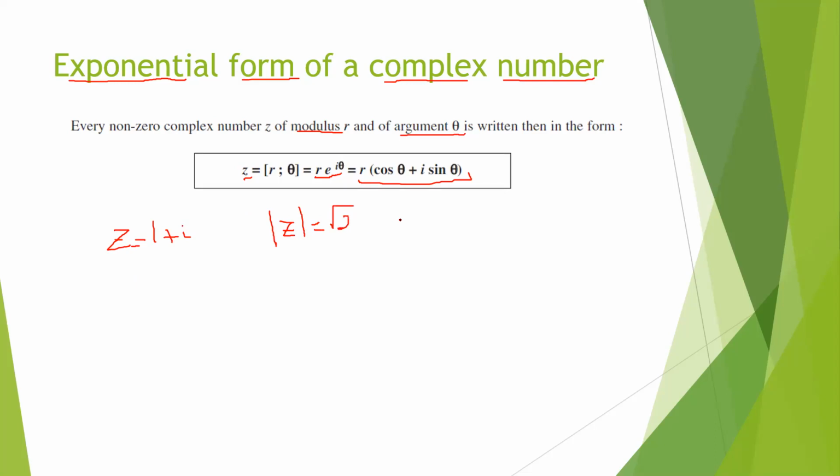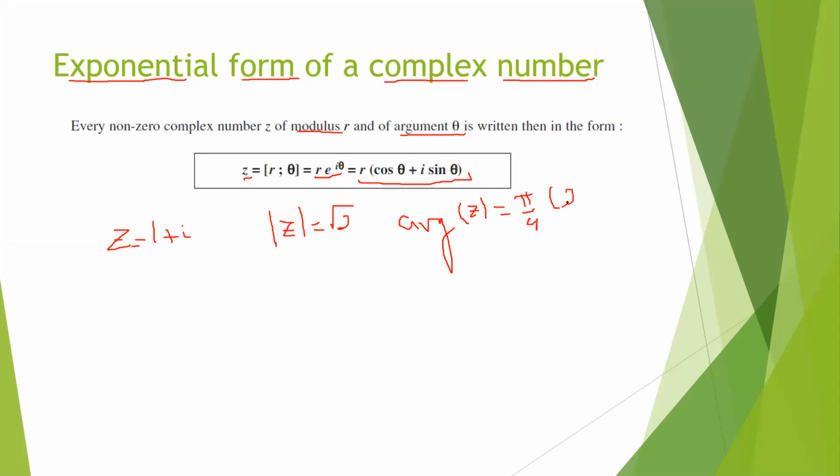What is the argument of Z? Use the calculator: argument of 1 plus I, Shift 2 argument.